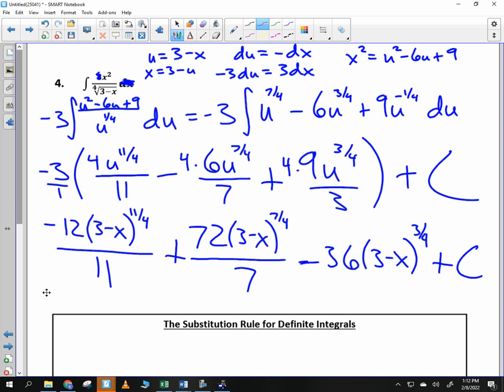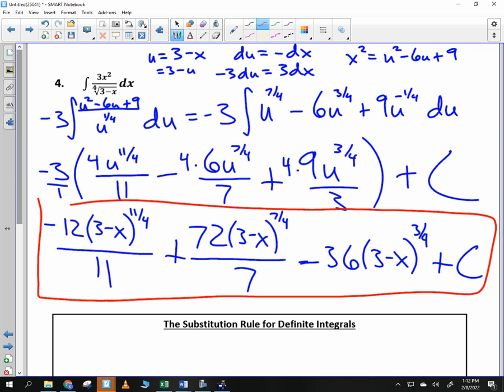Look at how cool that is. Hey, you know what I love about this problem? Look at the integral. They don't look anything alike, do they? And yet, if you take the derivative of this, you're supposed to get that, aren't you?